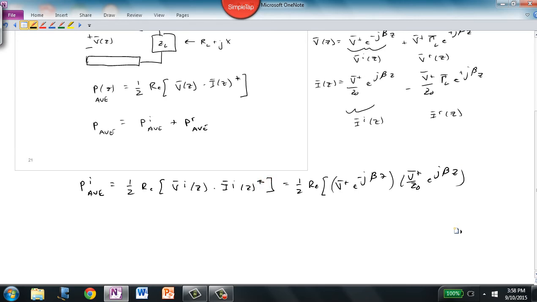But we can't forget to take the complex conjugate of that. So we can do a little bit of math. We get P incident average is equal to, okay, well this we need to multiply out V bar plus times V bar plus. The other thing to notice is that this is a complex number, so it's got a magnitude and an angle.